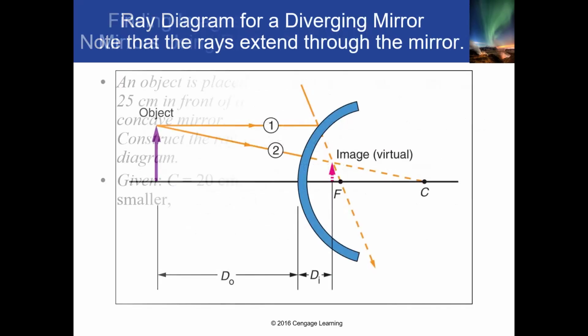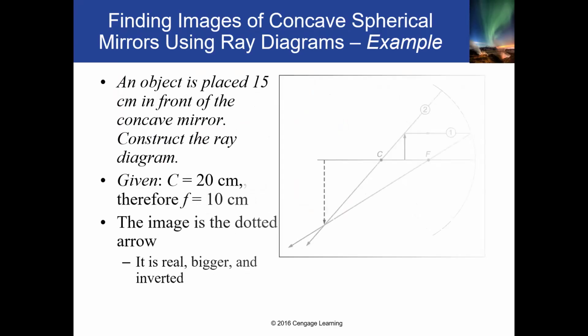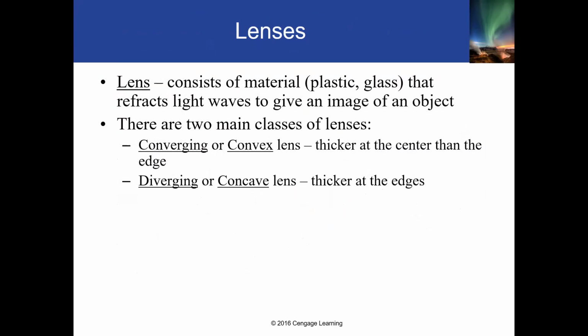And we had some example drawings. And today we're going to talk about lenses. The lens also has two different types, because of their shape: concave or convex. But think about the names of the mirrors: convex mirror or diverging mirror.